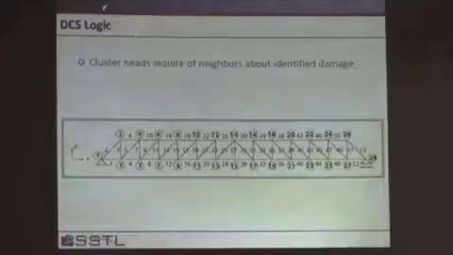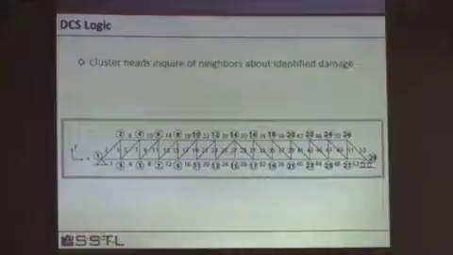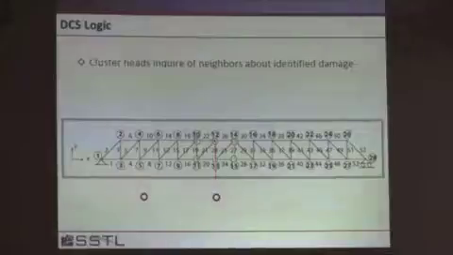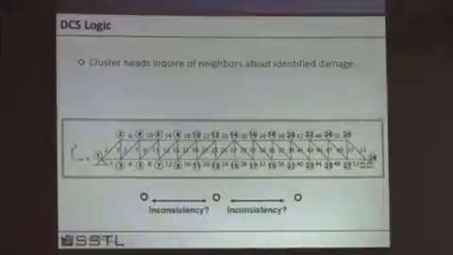So the DCS logic: we've got cluster heads that inquire the neighbors about the identified damage. So these sensors will talk to each other. They will say, oh, I've got damage, or I don't have damage, and then those nodes will communicate with each other to see if there's consistency in the data.